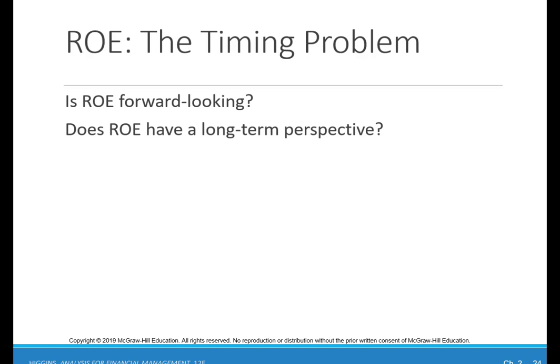Well, it does in the sense that shareholder equity is long-term, but the numerator, net income, by definition, is short-term. So there is a bit of a timing issue, but this is a timing issue with all ratios, that they reflect historical performance, not future performance.